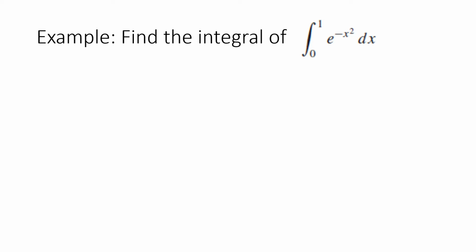Okay, so we actually know from the previous example, e raised to negative x squared is equal to 1 minus x squared plus x to the fourth over 2 factorial minus x to the 6 over 3 factorial plus x to the 8 over 4 factorial minus so on.